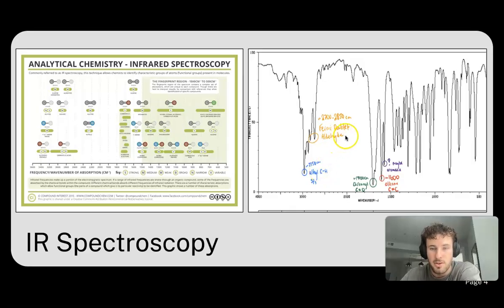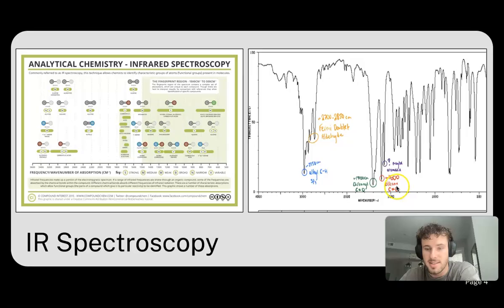Additionally, we see around 2700 to 2850 centimeters a Fermi doublet, indicating that it might be an aldehyde here, but we're not 100% certain. However, we do have a carbonyl transmittance around 1700 centimeters, which is normally indicative of a carbonyl, C double bonded to an O. So with both of these, there is a potential for an aldehyde.